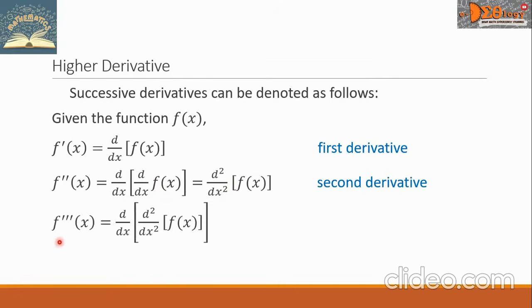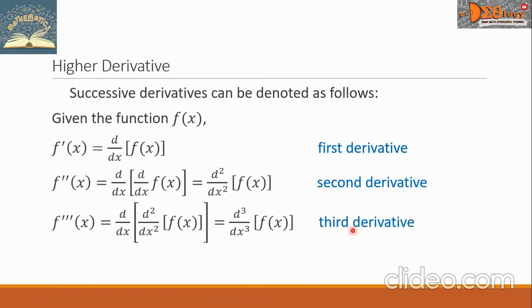We have now f triple prime of x, and this is equal to the derivative of the second derivative. So we see here we have d over dx of d squared over dx squared of f of x. We simplify this into d cubed over dx cubed of f of x.